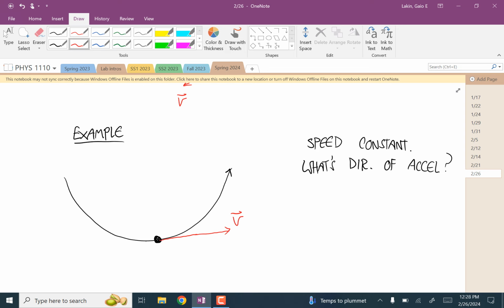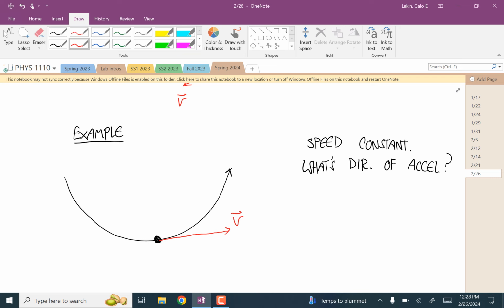Is it speeding up or slowing down? Or neither? Neither. So that says that there's not going to be any part of the acceleration that's parallel to the velocity, because the part that's parallel to the velocity changes the speed. Okay? And so I'm not going to put in any A parallel. Now, what about turning?